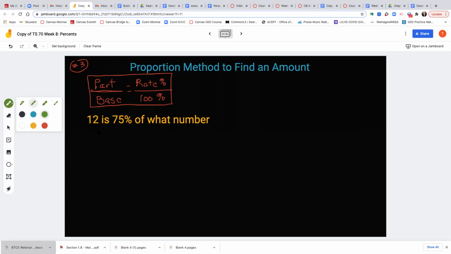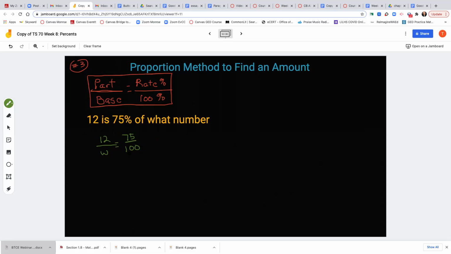So 12 is 75% of what number? So here's how you would write this one out. You would go 12 is, it's 75% of what? We're trying to find this W here, okay, of what number, okay, is 75% over 100, okay? So that is the rate, the percent they gave you over 100, okay? They gave you 75%.